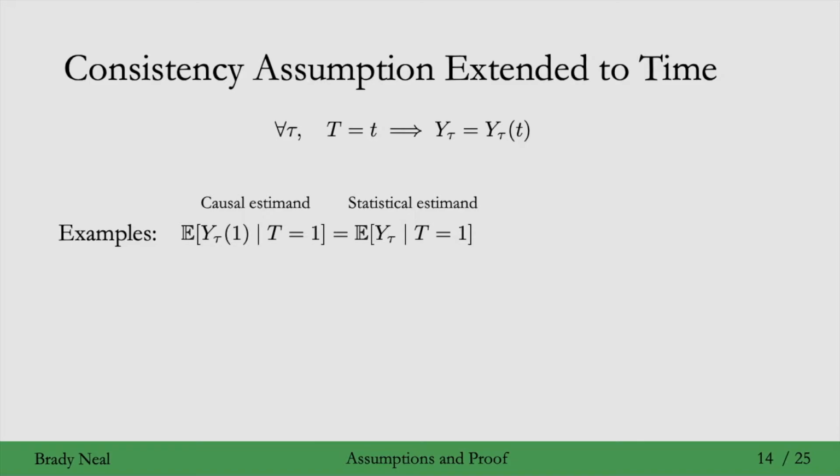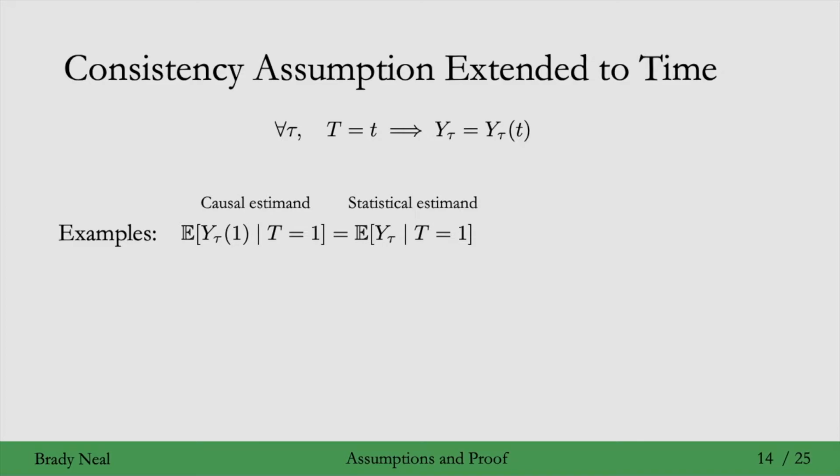If we have the causal estimand, the average potential outcome under treatment at time tau, given that we're in the treatment group, then because we're conditioning on t equals 1, we actually observe that potential outcome under treatment. And that means that we can identify this causal estimand as this statistical estimand here, where we've just removed the potential outcome.